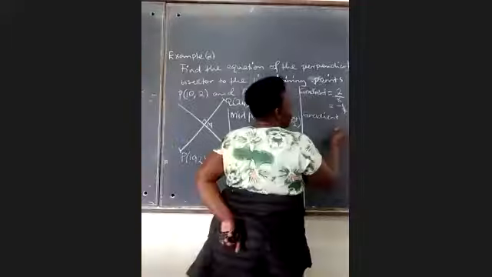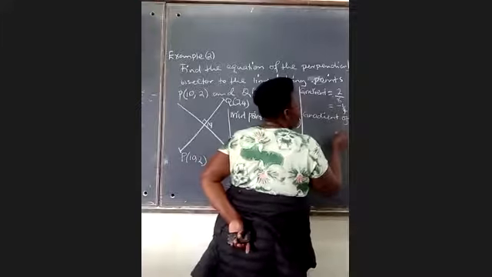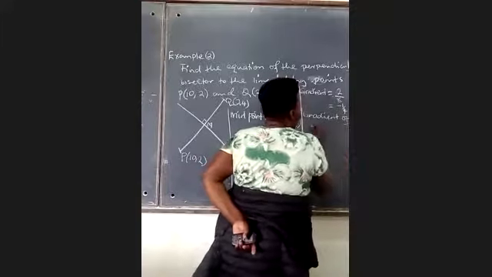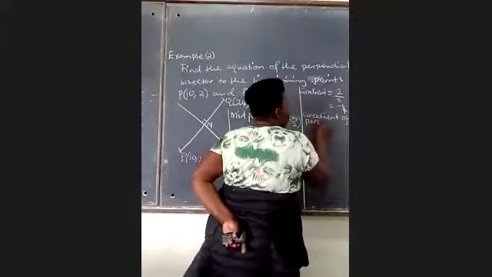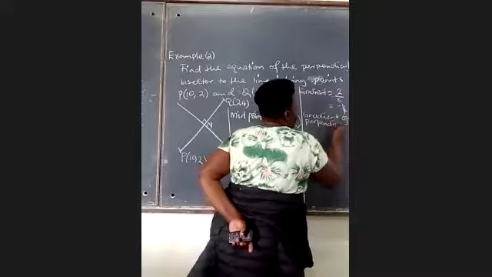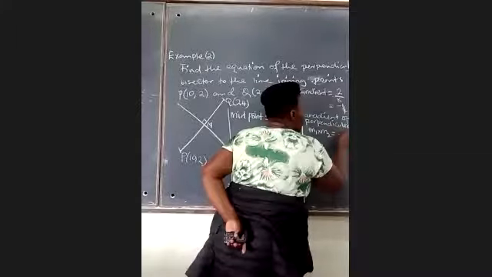So the gradient of the line that we are looking for, which is the perpendicular bisector, is M2.